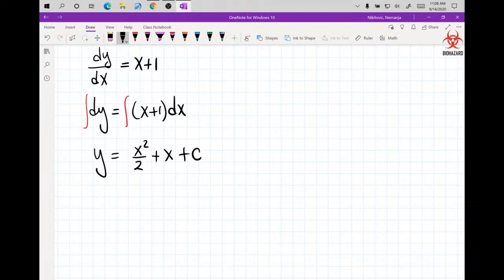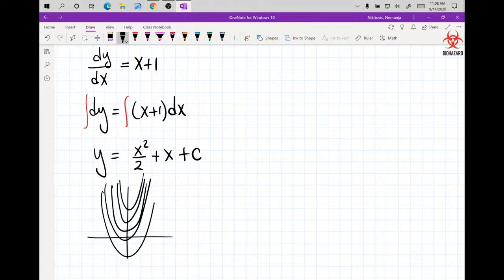If x is equal to 1, we can figure things out, but we can just draw a whole bunch of these parabolas all over the place and say they're all x squared curves. And the problem is solved, right? That's done.